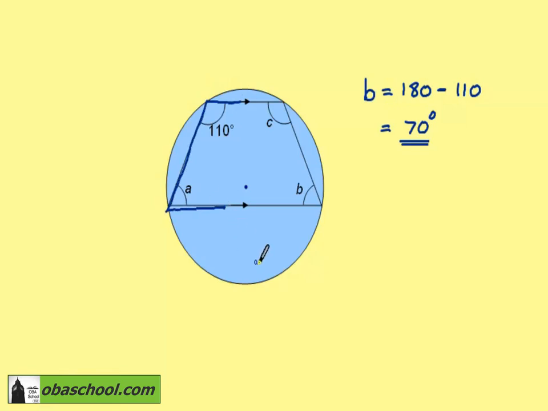We know about parallel lines. These two angles must add to 180. Therefore A is going to be 180 take away 110, which is 70 degrees. The reason is that they are interior angles.